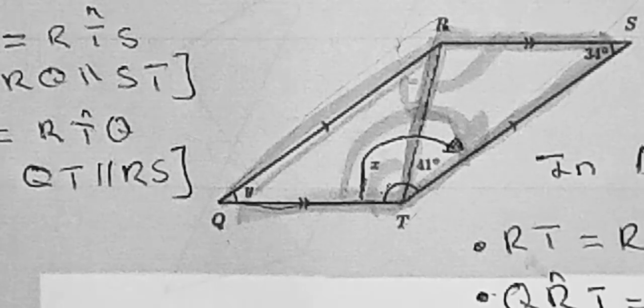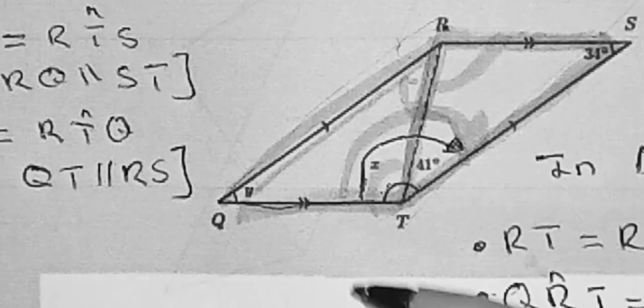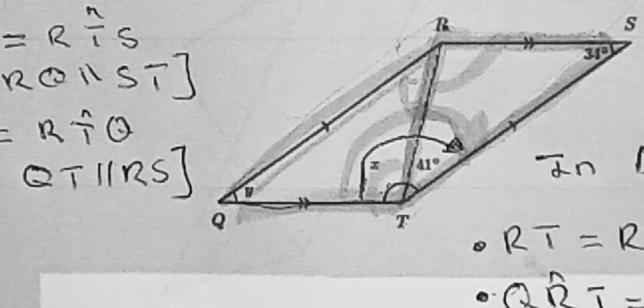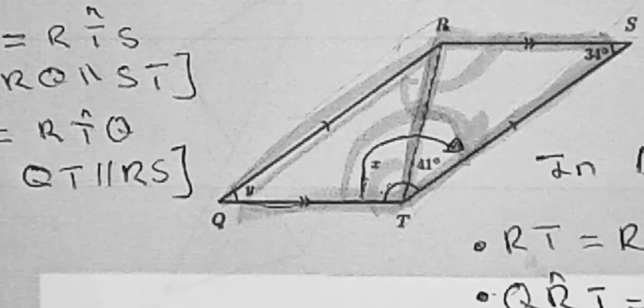So how do you find the value of x? We know that in a parallelogram, opposite angles are equal, which means that angle T is equal to angle R. So how are we going to find this value? The angles of a quadrilateral add up to 360.